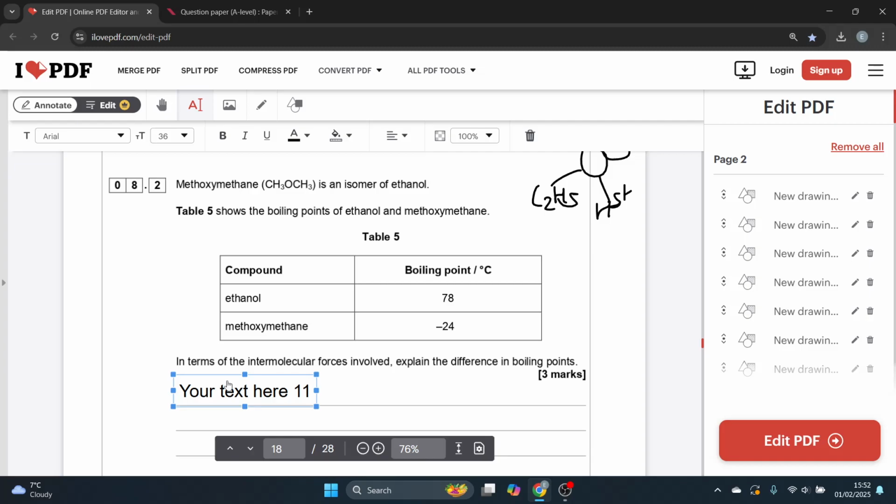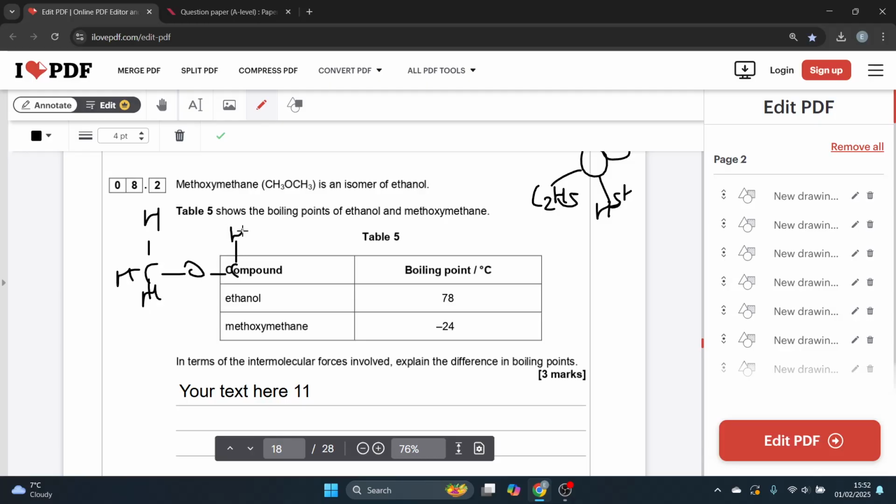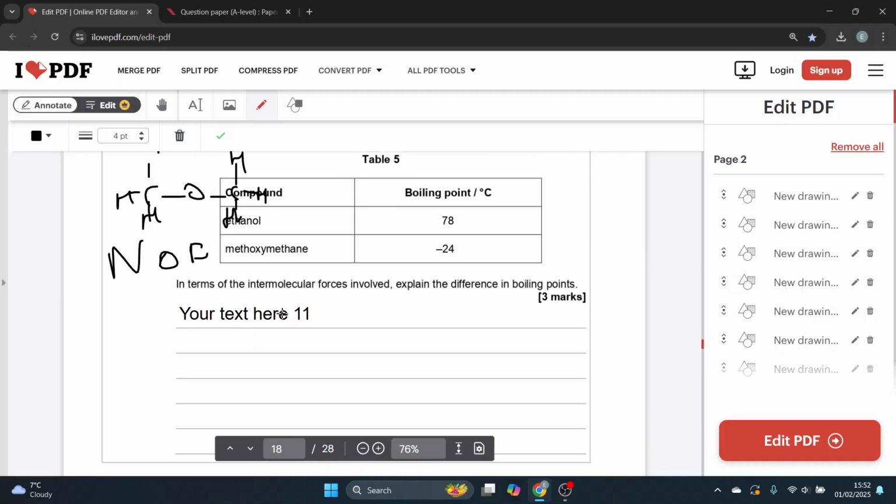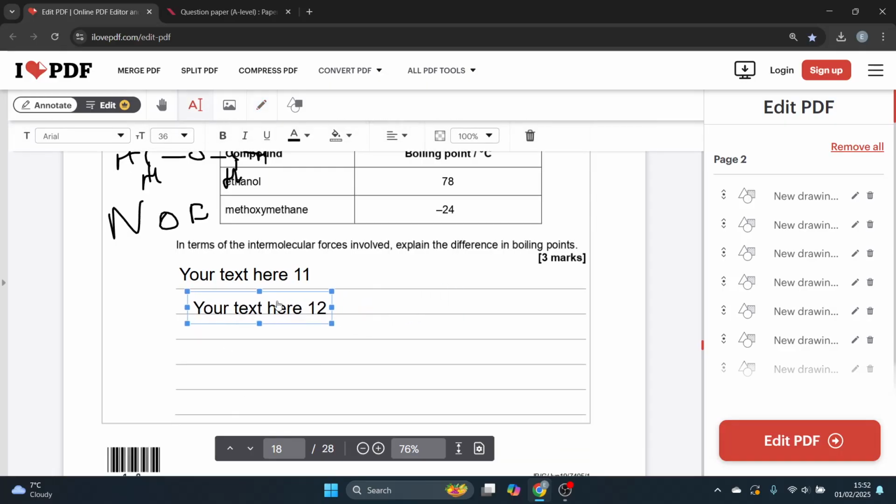No, because hydrogen bonding is the attraction between the lone pair of electrons on an oxygen atom and the NOF atom. So this CH3OCH3 is going to be like this. Something like that, right? So it's not bonded to a hydrogen, it's not bonded to an NOF atom, it's bonded to a carbon, so it's not going to have hydrogen bonding. So that's the first thing.